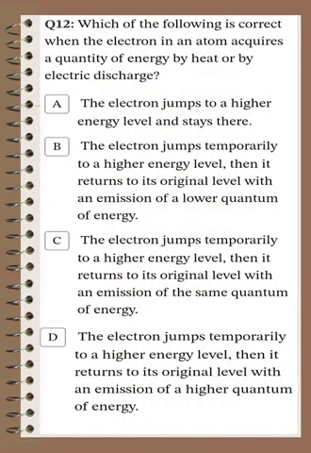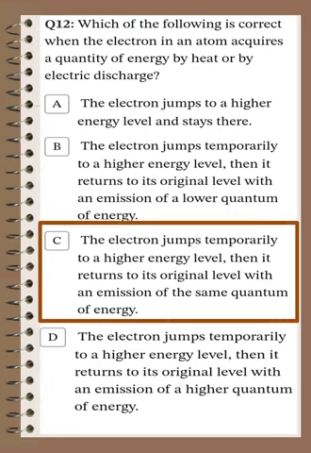Question number 12. Which of the following is correct when the electron in an atom acquires a quantity of energy by heat or by electric discharge? We have here different choices. The electron jumps to a higher energy level and stays there. The electron jumps temporarily to a higher energy level, then returns to its original level with an emission of a lower quantum of energy. I think it may be right.